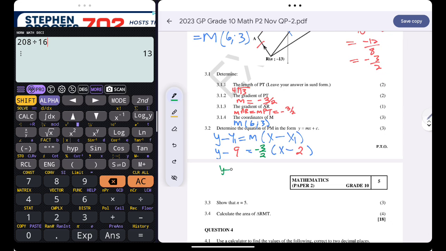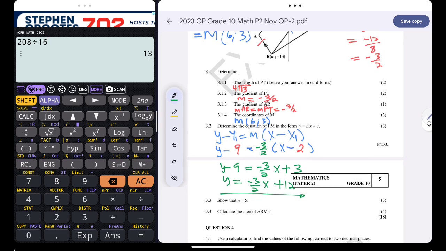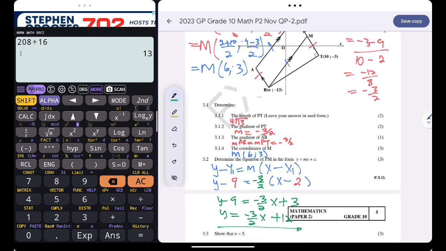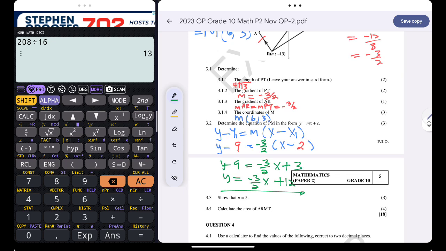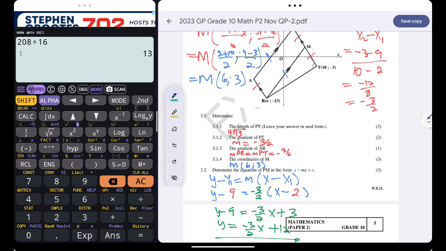So I'll simply have y minus 9 is equal to negative 3 over 2 x minus 2, so y is equal to negative 3 over 2 x plus 12. This is the equation of line PM. Now I'm asked to show that n is equal to 5.